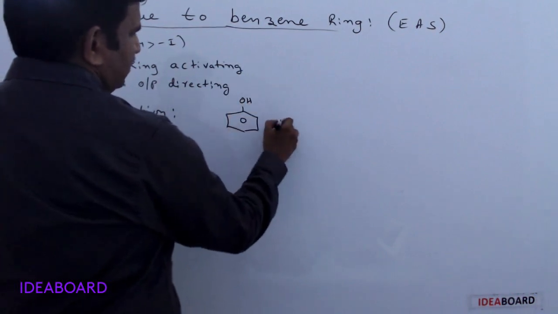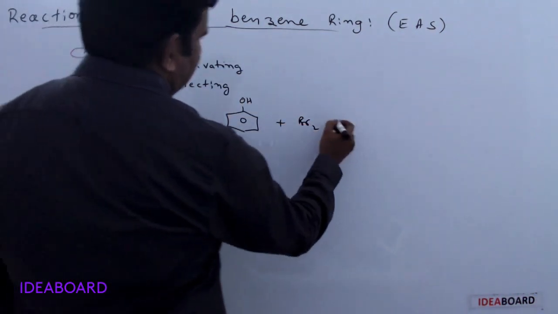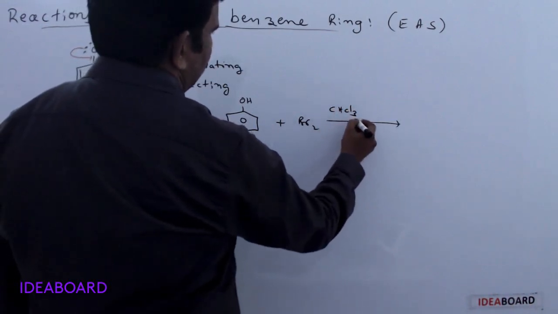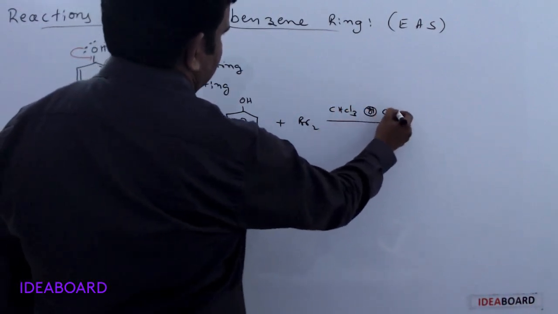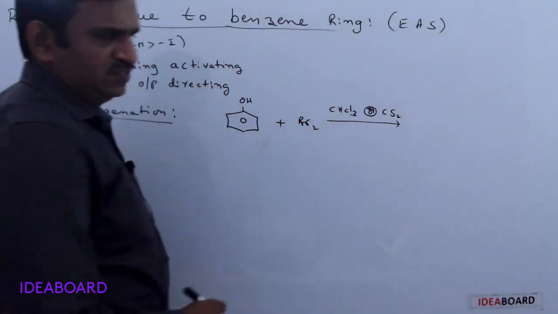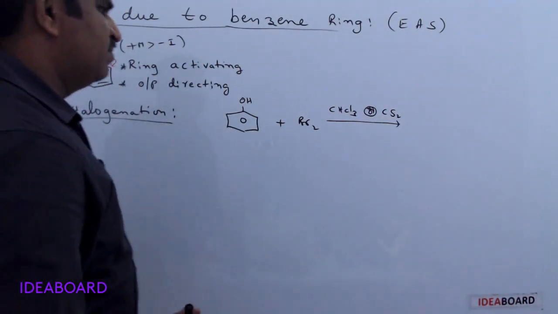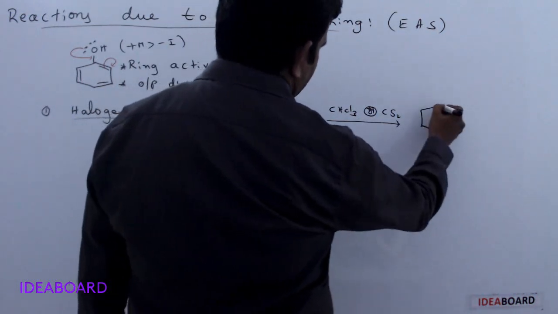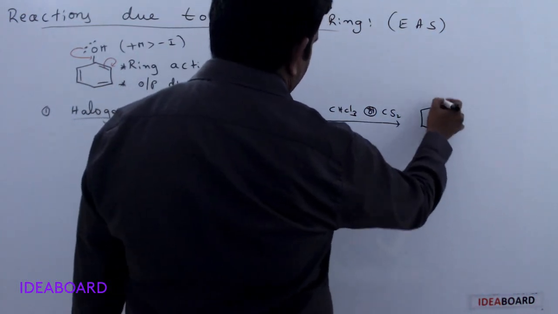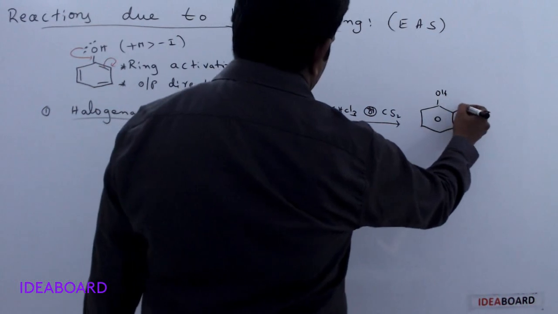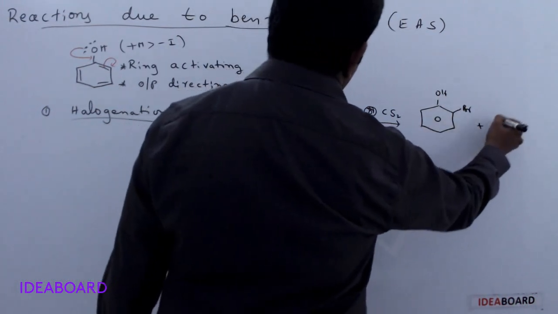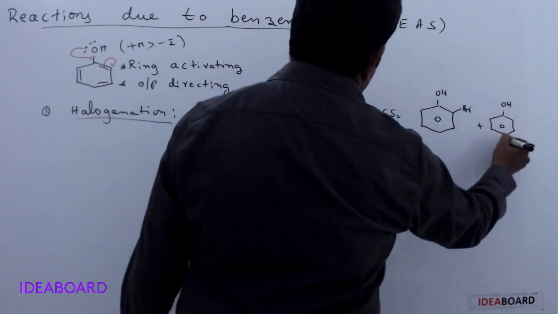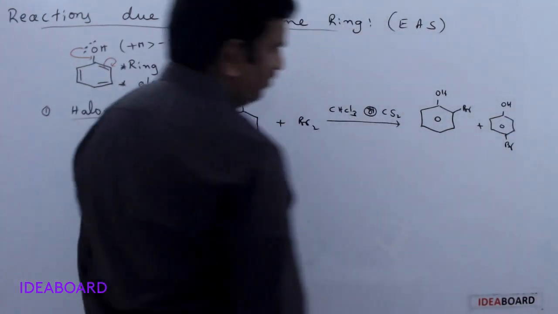this phenol reacts with bromine in the presence of chloroform or carbon disulfide solvents. Then it forms orthobromophenol or parabromophenol, OH and Br.